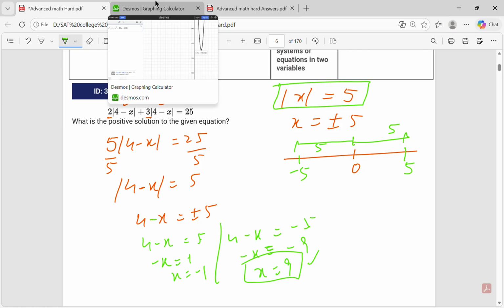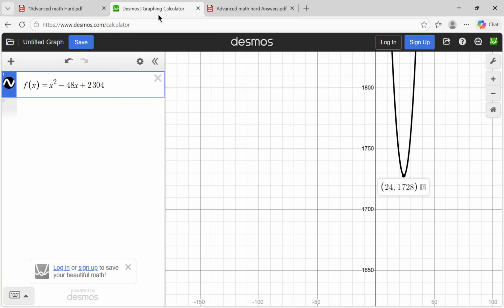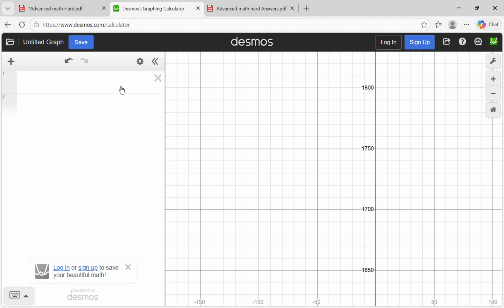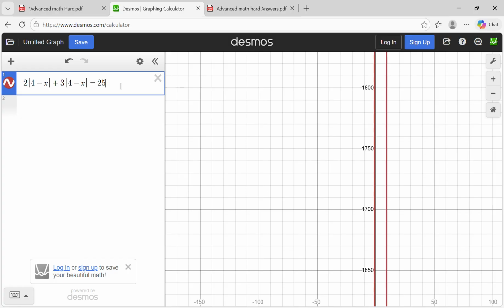So 2 absolute value of 4 minus x plus 3 absolute value of 4 minus x is 25. Now just type it here: 2 absolute 4 minus x plus 3 absolute 4 minus x is equal to 25.